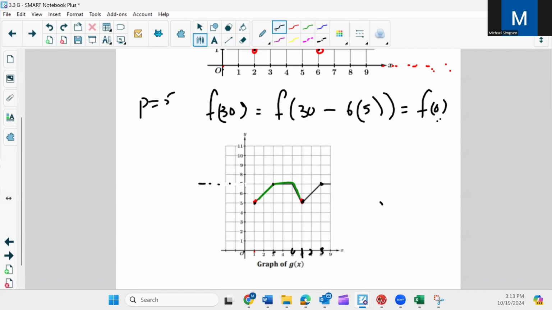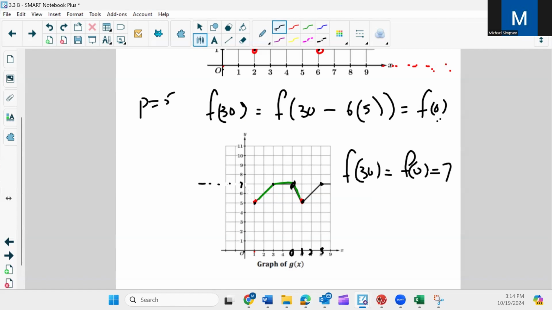So going backwards, the y value at 0 is just 7. So f of 30 is the same as f of 0, which is just 7.